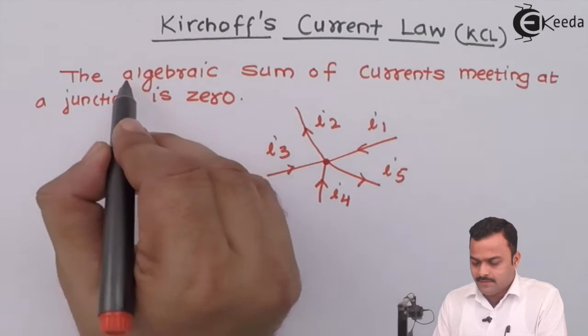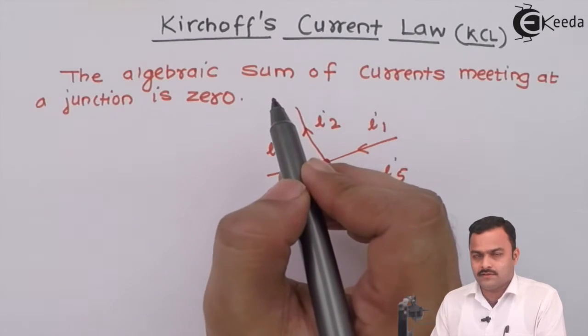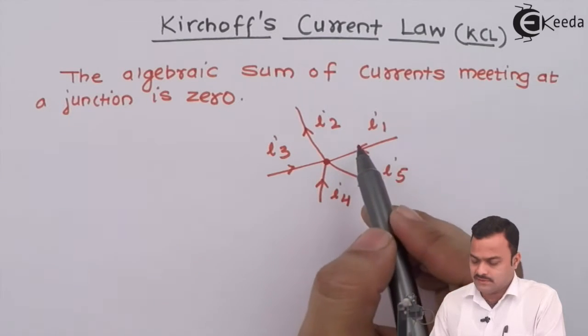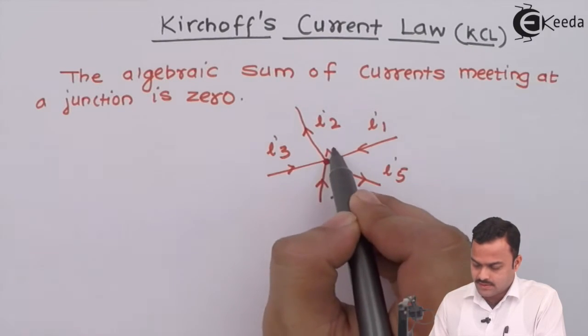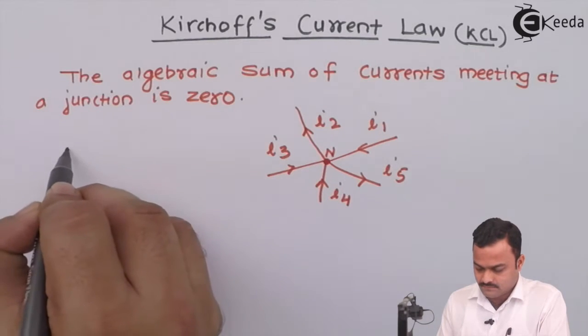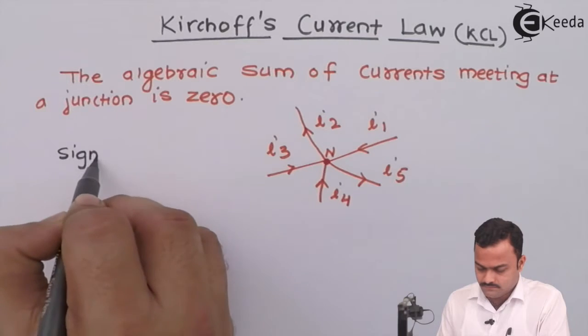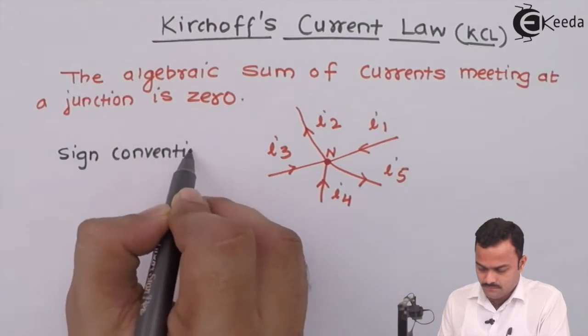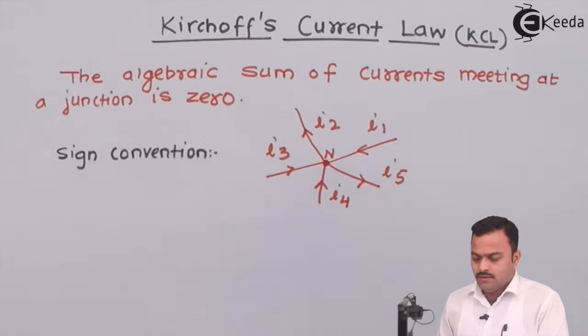Here, the word algebraic requires some additional information along with the magnitude of the currents meeting at this node. That information is nothing but the direction of current. So here we will have something called a sign convention. We need to distinguish whether the current is incoming to the node or leaving the node.